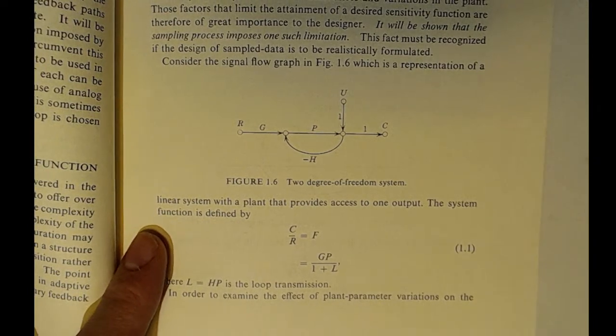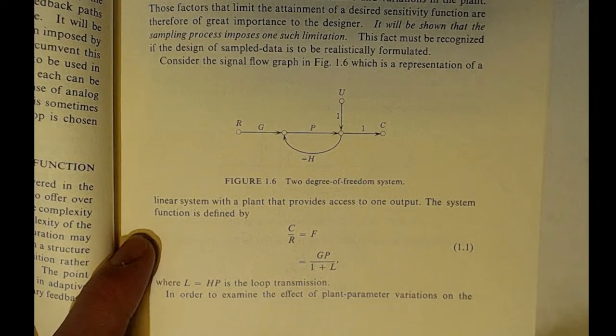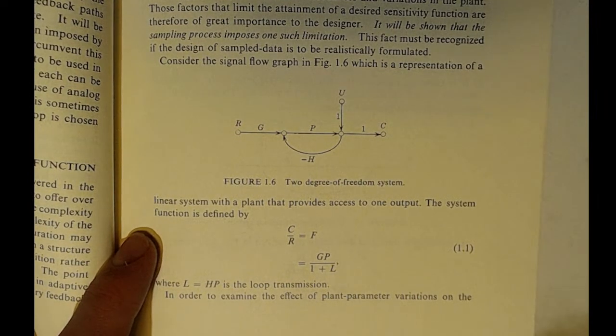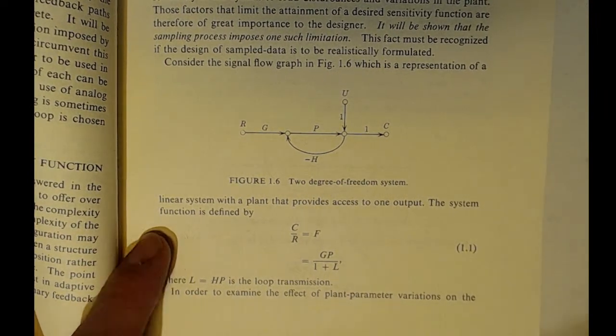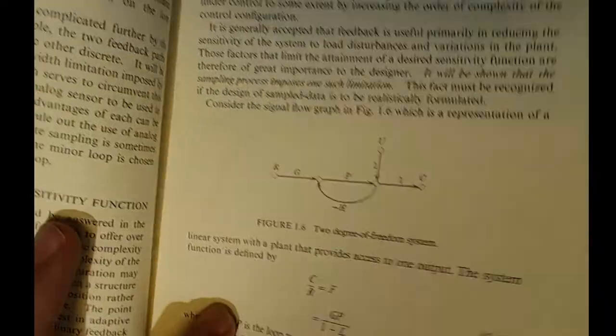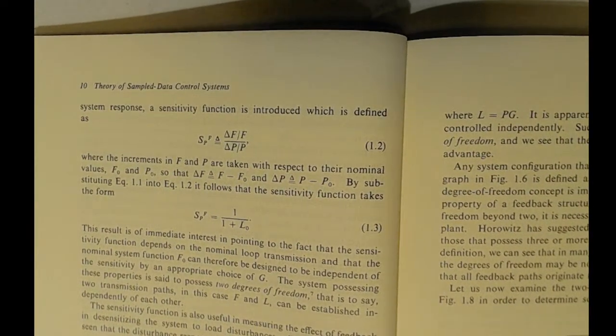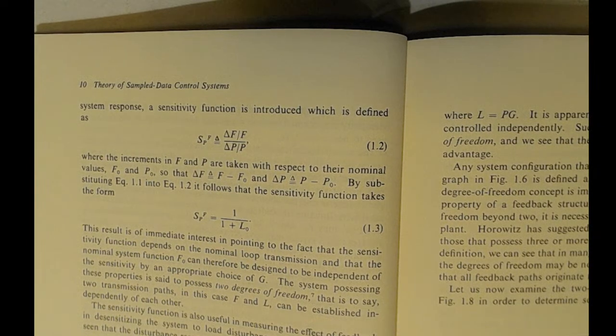They're trying to define the sensitivity function by, I don't know. In order to examine the effect of plant parameter variations on the system response, a sensitivity function is introduced, which is defined as blah.